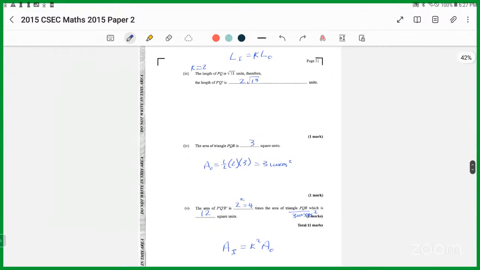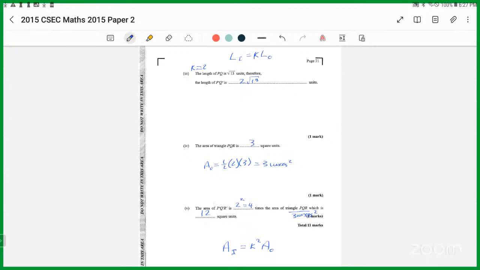If you remember these questions, write them over again, get them right. They're very easy. A lot of people are going to use 2 times again, 2 times 3, and put 6 right there, which is wrong. Let us not do that. Let us remember that area is a product of 2 sides. That's why you have to square the thing.